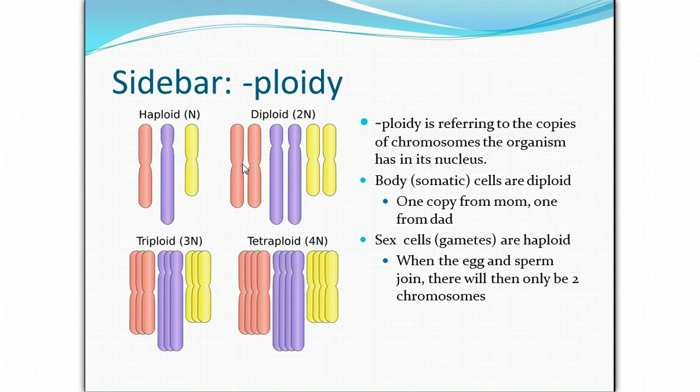That fertilized egg, that zygote, new word, best hangman word ever, by the way. So when the egg and sperm join together, there will then only be two chromosomes. So think about it. A haploid cell plus a haploid cell yields a diploid cell.